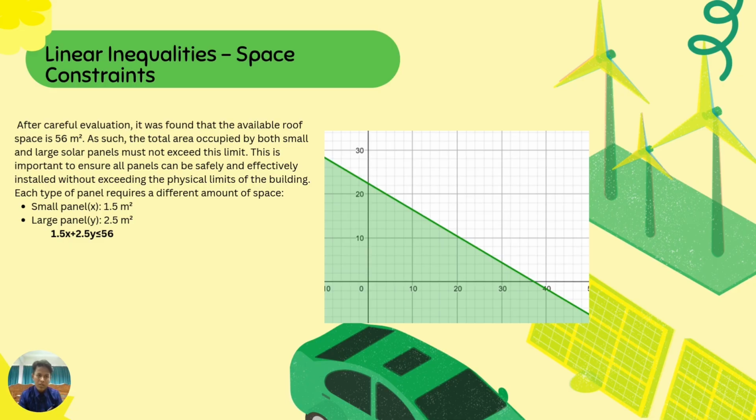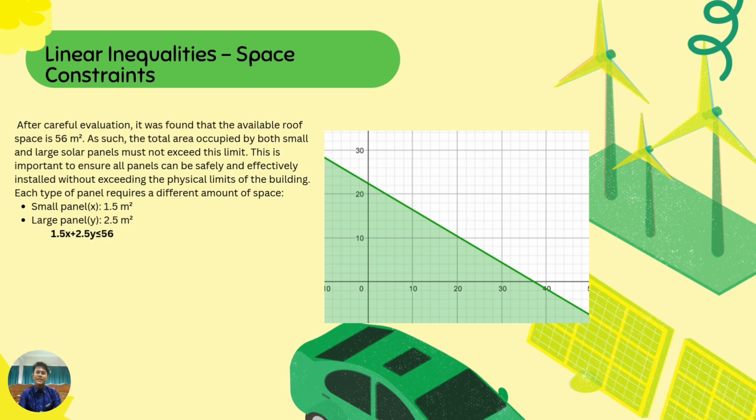This is important to ensure all panels can be safely and effectively installed without exceeding the physical limits of the building. Each type of panel requires a different amount of space. For the small panel, the size is about 1.5 meters squared, and for the large it is 2.5 meters squared.